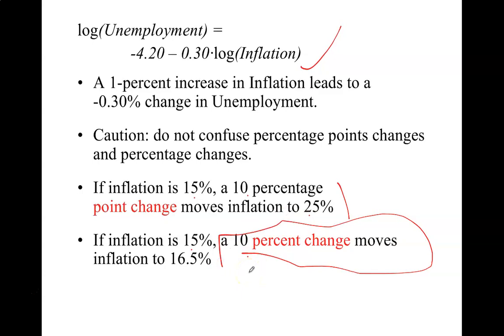Percentage change in that sense. So it's a different interpretation. All right. So if this is the example, you have to be very careful with the interpretation, especially when it talks about percentage change and percentage point change. They are two totally different interpretations. Okay. So you can always refer back to these particular videos to understand it more clearly.